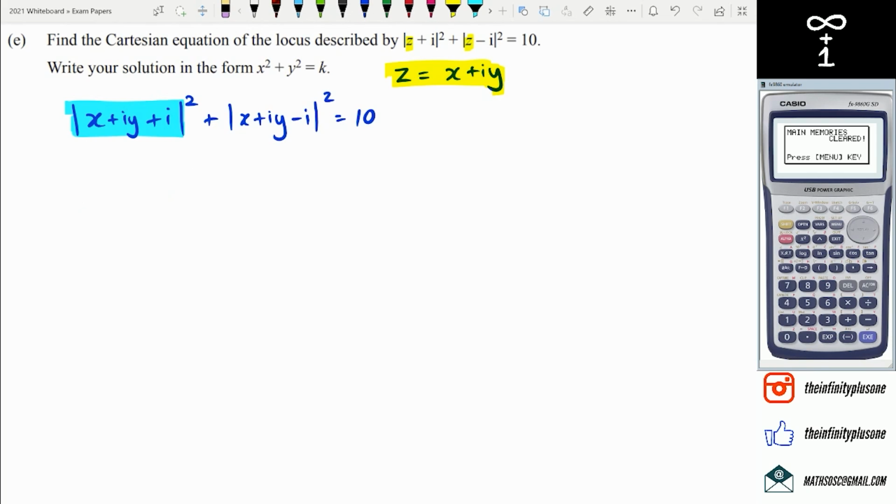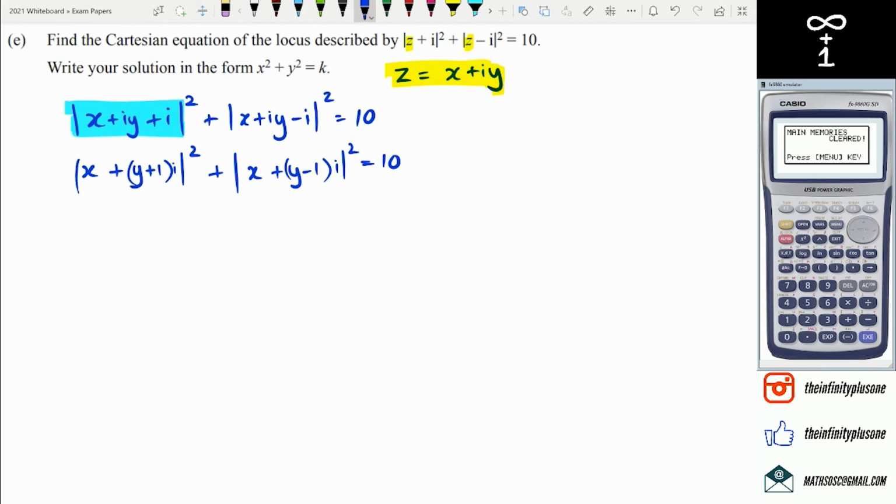I put this as x plus (y plus 1)i, still a modulus squared, plus x plus (y minus 1)i, squared, equals 10.